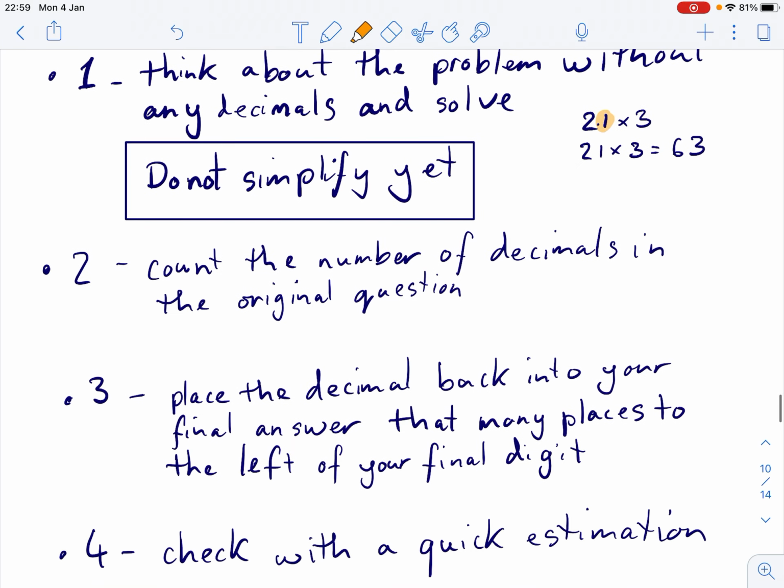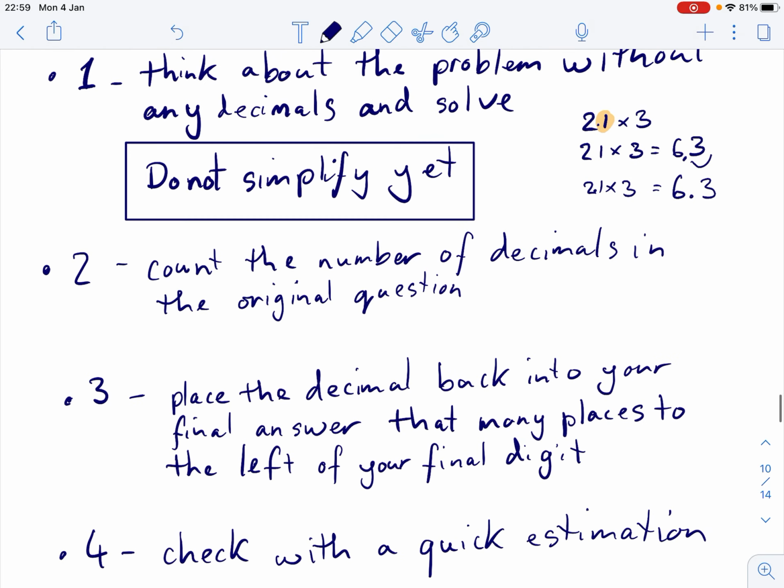And then step 3, place the decimal back into my final answer that many places to the left of the final digit. So the 3 is my final digit. In my question there was only 1 decimal, so I'm just going to place the decimal 1 to the left of that 3. So 2.1 times 3 in this particular case is 6.3.